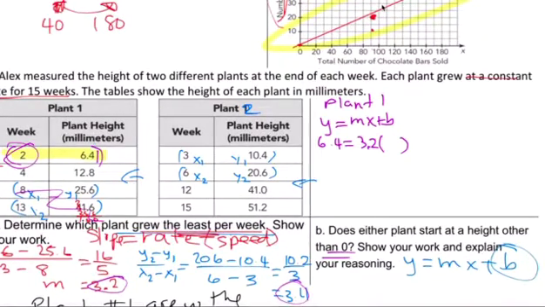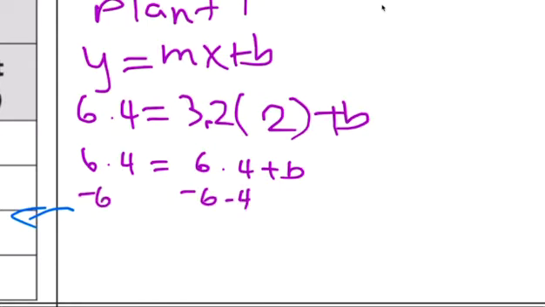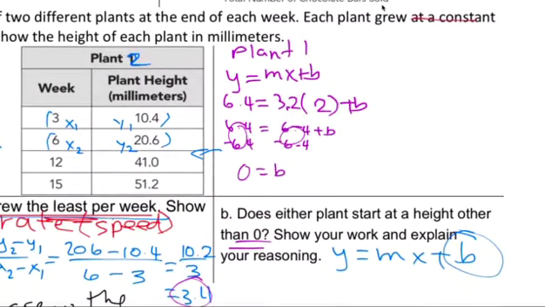I chose 2 in this case. Plus b. So 6.4 equals 6.4 plus b. If I subtract, the y-intercept is 0. They were seedlings. Plant 1 is at 0.